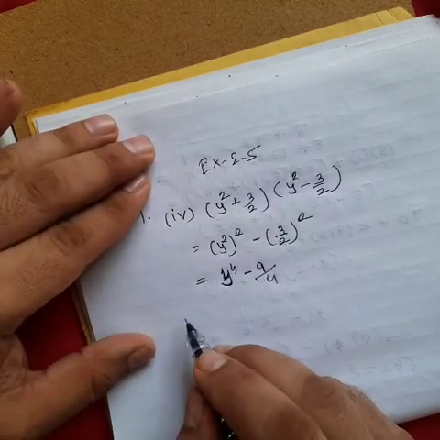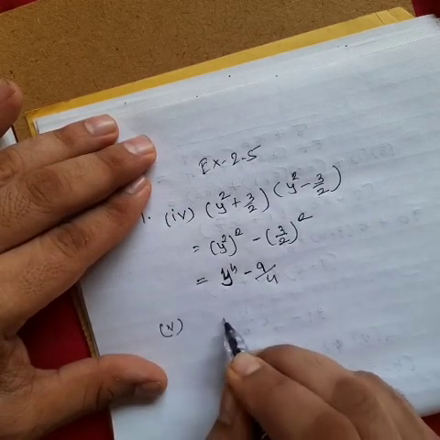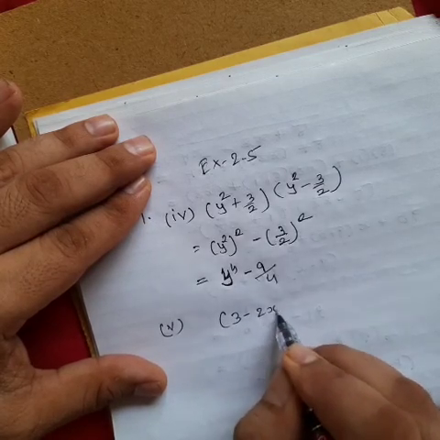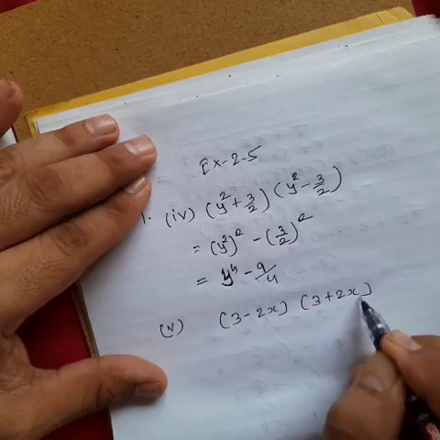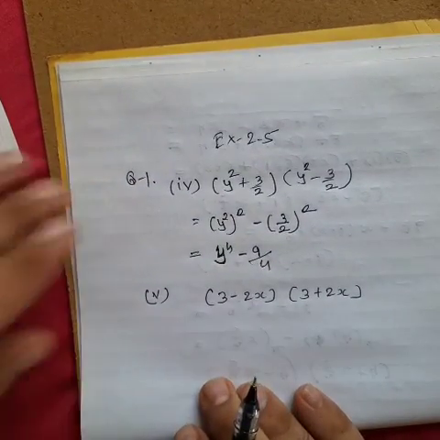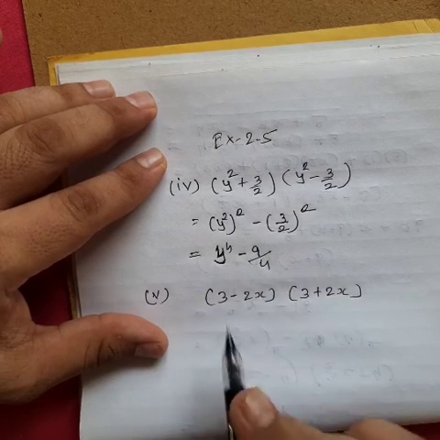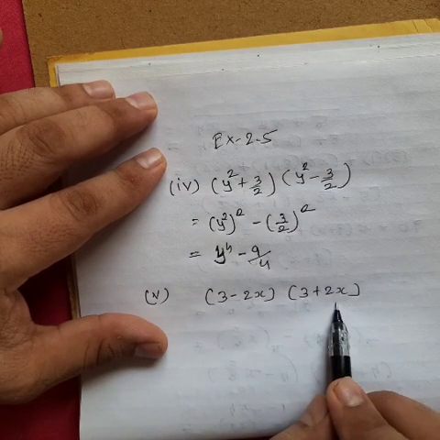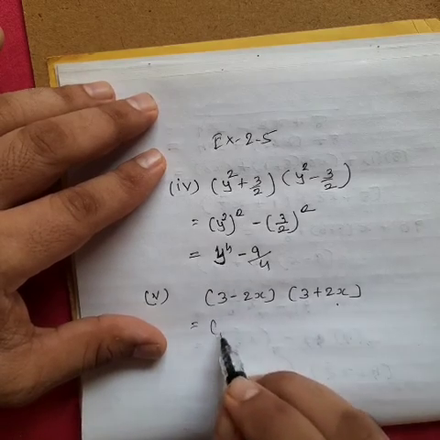See one more. Sum number 5. (3 minus 2x)(3 plus 2x). Again, same terms, sign between them is opposite. What do you write?